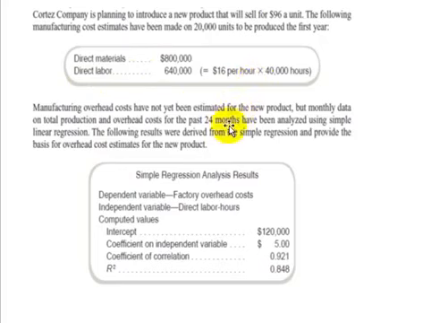So we need to know how many hours are needed to produce 1 unit. We have 20,000 units and we work 40,000 hours. The activity level equals 40,000 hours to produce 20,000 units.